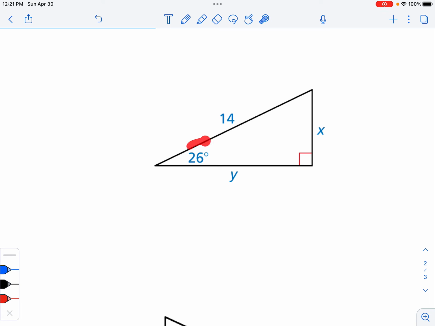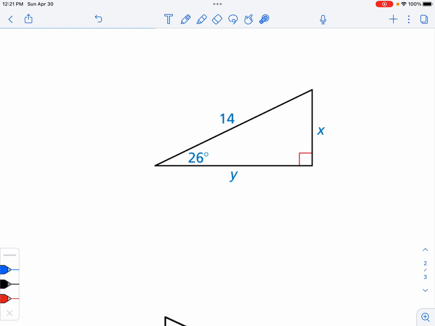Okay, so I know I have this angle 26, and I want to know x, and I do know 14. So the thought process should go something like this. If this angle is 26, and I want to involve these two lengths, that'll be enough information for me to solve for that x.